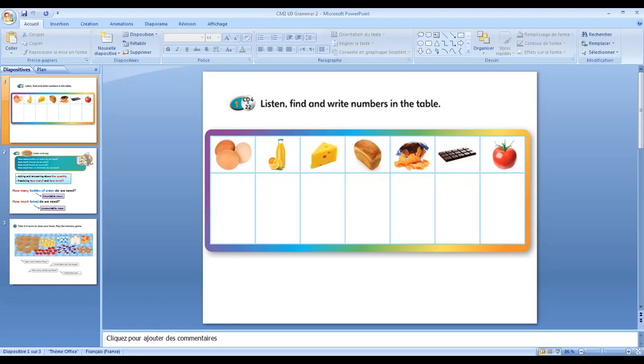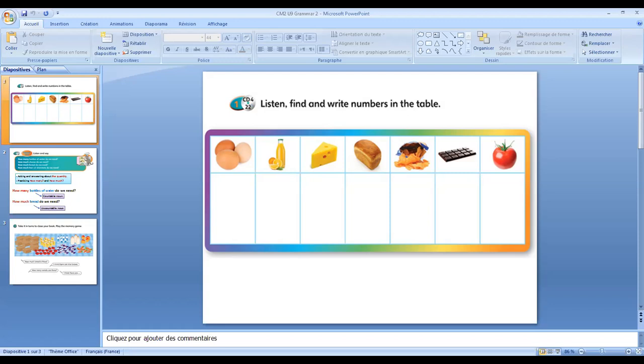What about juice? How much juice do we need? We need 3 bottles of juice. Mum, what about chocolate and crisps? Do we need chocolate and crisps? Well, I'd like to take some. Okay.